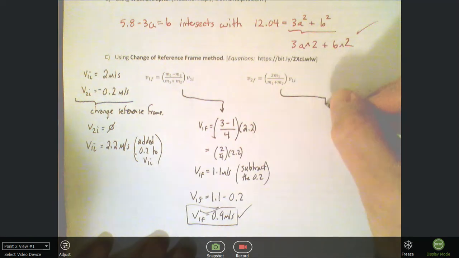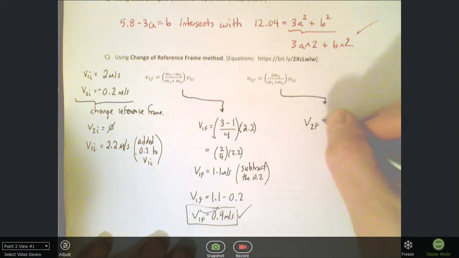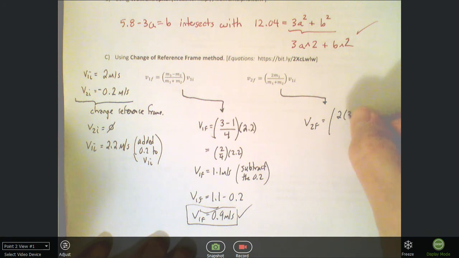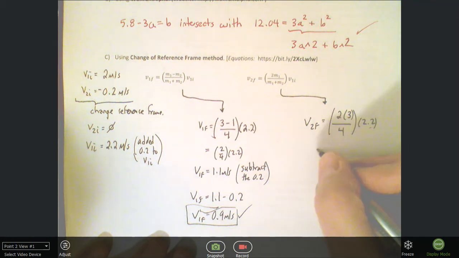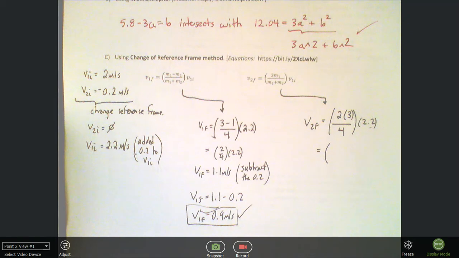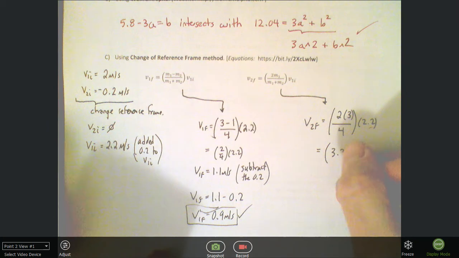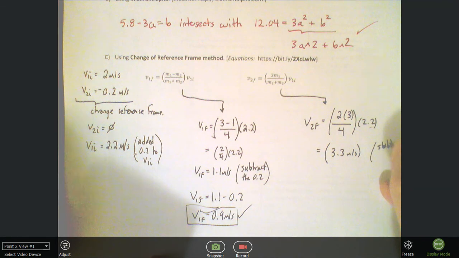Let's try for V2. V2F equals twice the mass 1, which is 3, over the total, which is 4, times 2.2. So that's 6 divided by 4 times 2.2, which is 3.3. And then this is in the other frame, so we have to subtract 0.2.